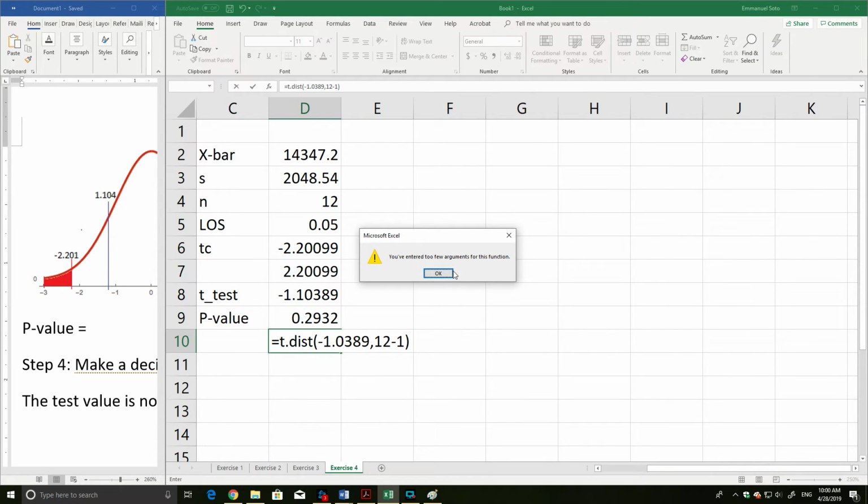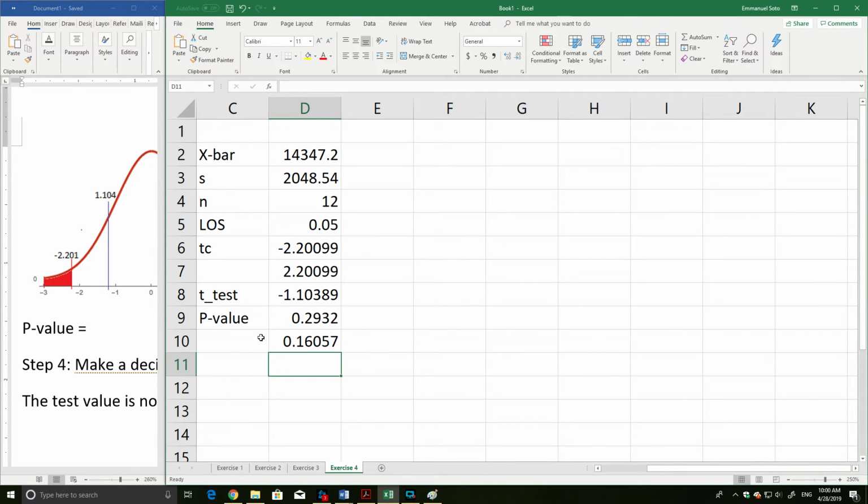And then, oops, we're missing something here. I forgot to do true. This is the wrong number. And then you can double that value to get that one. So there's a couple ways to do it. But we got the p-value, 0.2932, so we're going to report that.